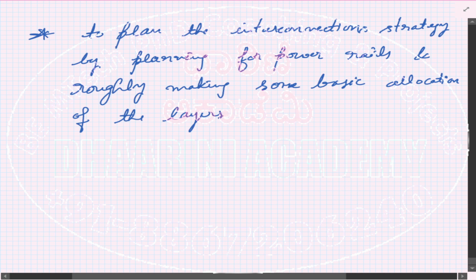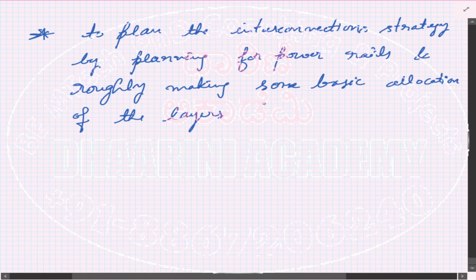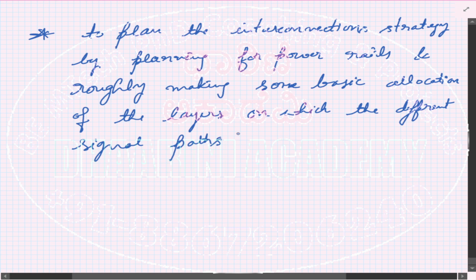Now we know that circuits are built up in layers, right? So different layers you allocate on which the different signal paths will be routed.